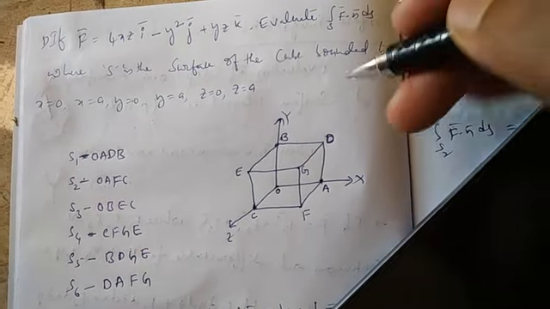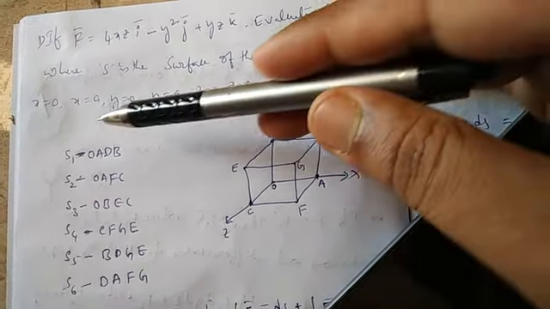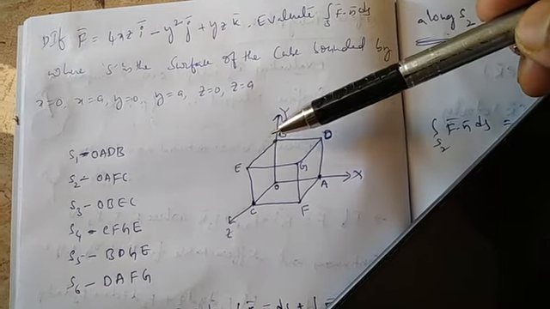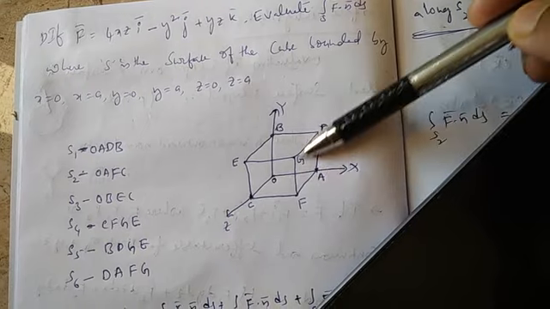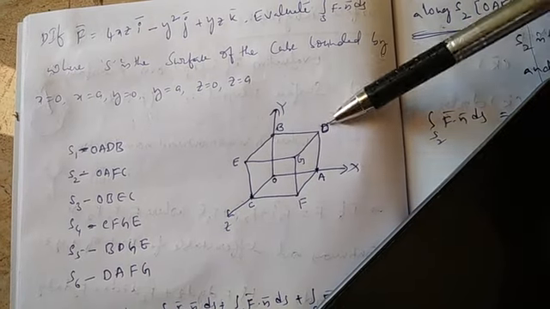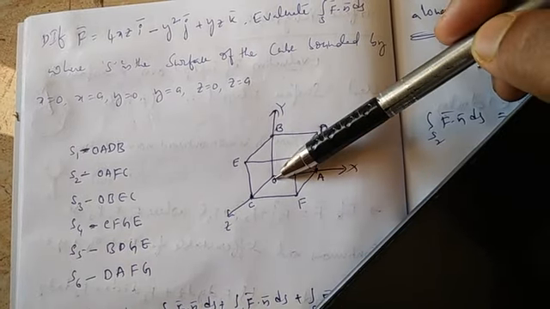Now x equals 0 is the yz plane, and x equals a is this plane, A D G F, where this distance is a.